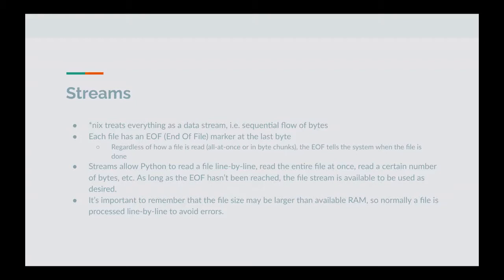Now, we already talked about, depending on the file size, if you try to read the entire file at once, you may exceed the amount of memory that's available for that data stream. And therefore, processing it line by line or in chunks of bytes is more common, just to ensure that the memory that's available is not overloaded and you have errors.